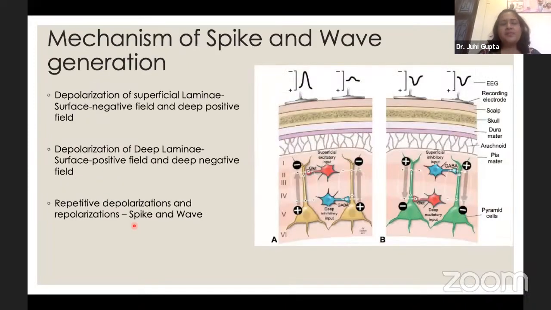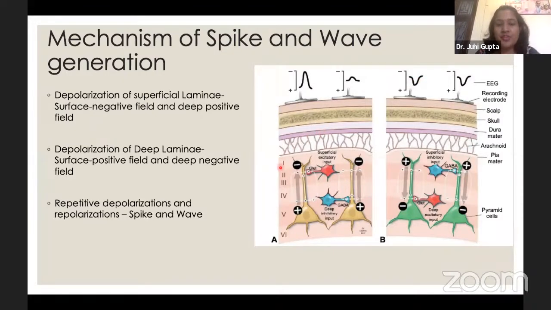So what is the basic mechanism of spike and wave generation? This is what we look at. When we are shown an EEG graph, we try to look at spike and wave complexes. If you have a depolarization in the superficial lamina, then you get a surface negative field. This upward deflection is known as surface negative, and the downward deflection is known as surface positive.